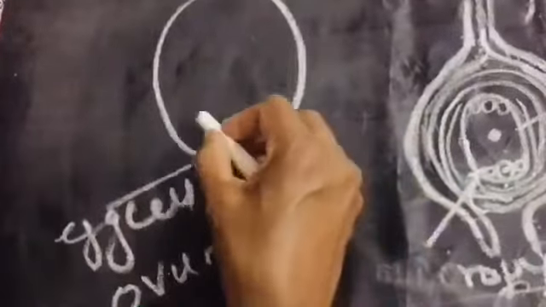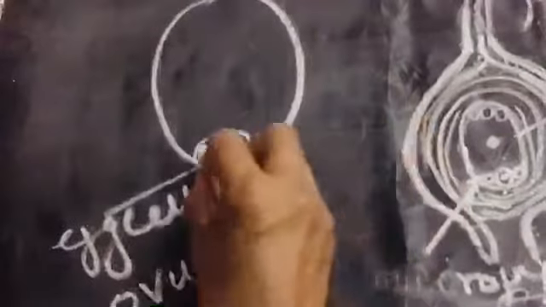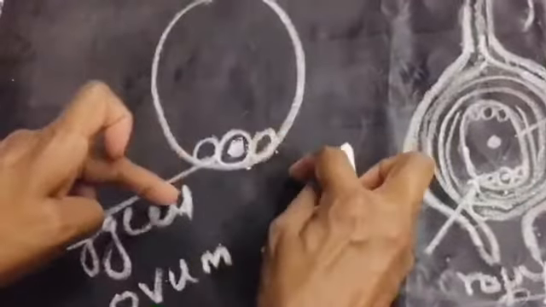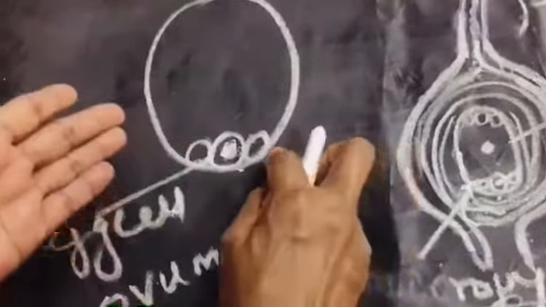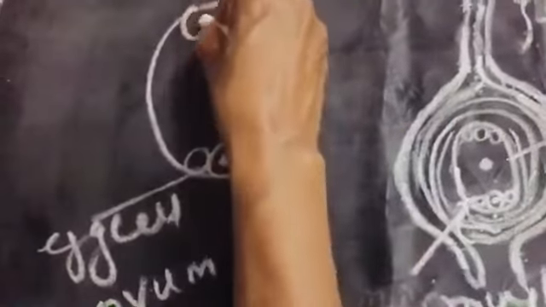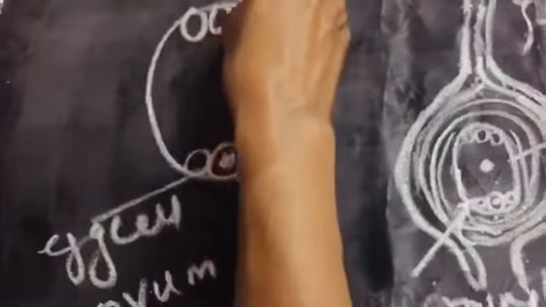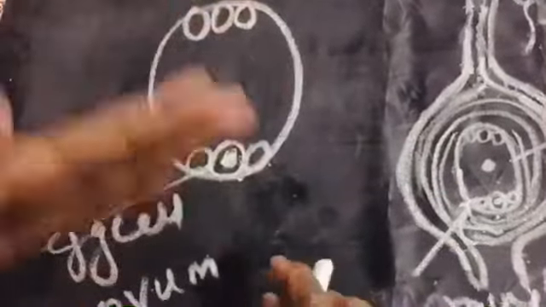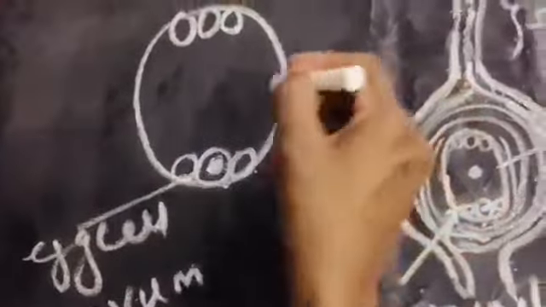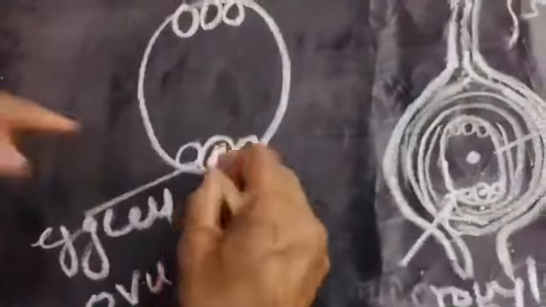Actually, the egg cell is seen in between two synergids. You don't have to learn about these names, so I am not going into detail about that. Like that, here also three naked cells are there. These are not in your syllabus. So let us concentrate on the egg cell now.